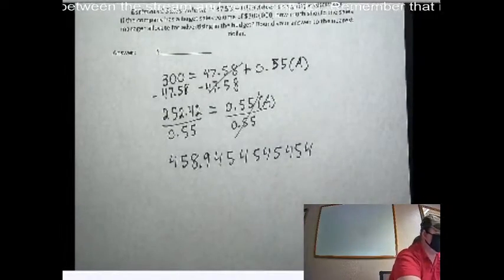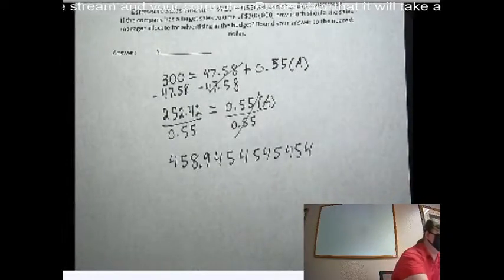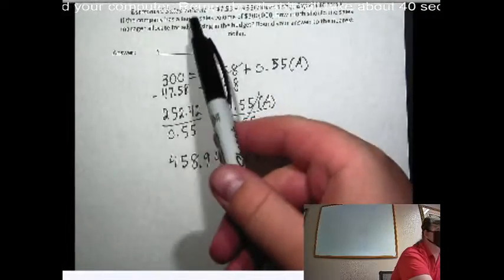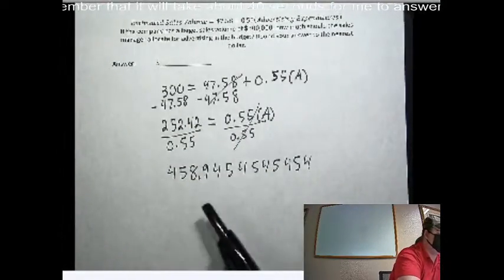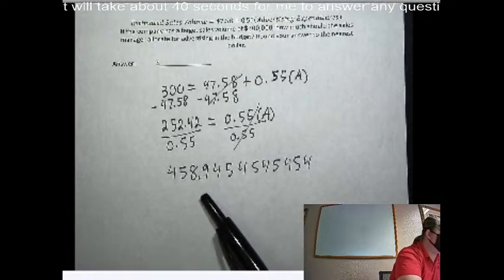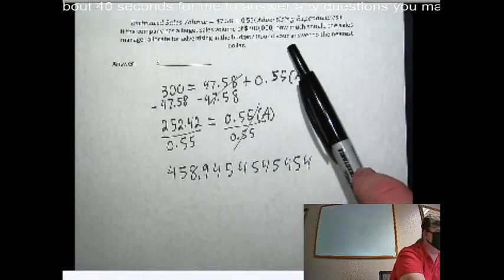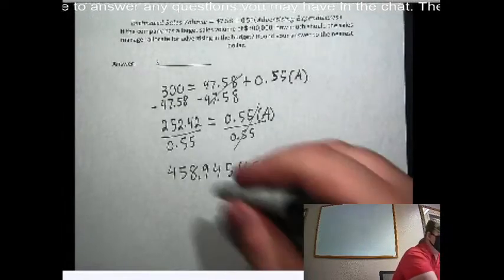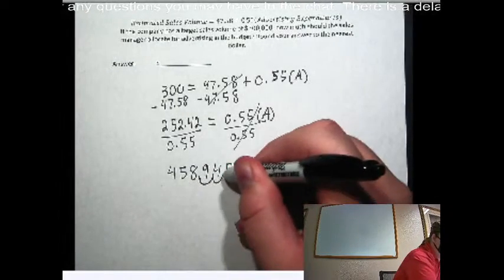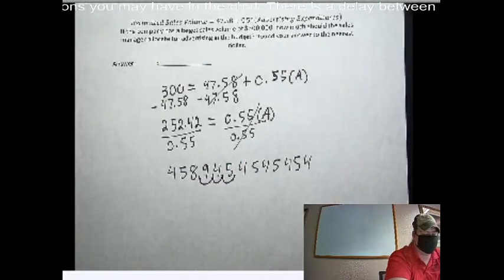Okay, it's a repeating decimal. Now remember, this is in thousands of dollars, so is this. So we need to convert this to dollars and round to the nearest dollar. To convert this back, we just move the decimal place 3 times to the right.